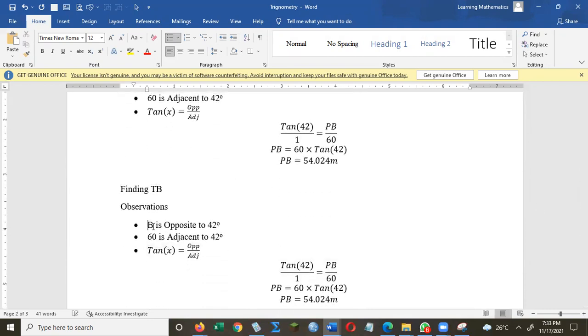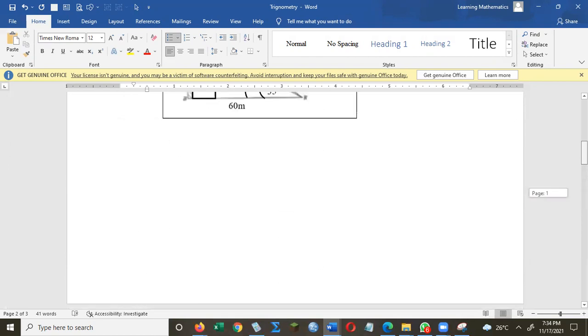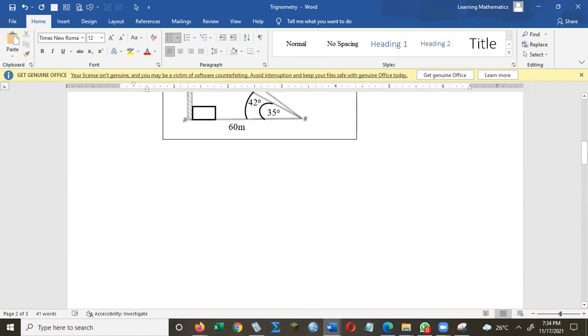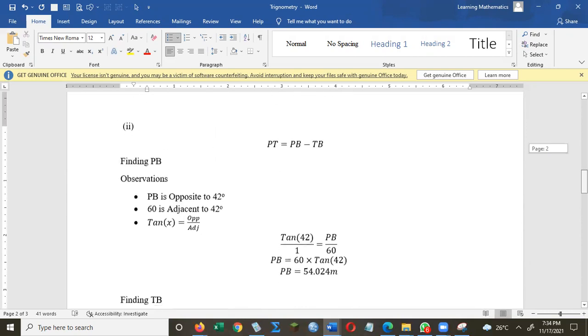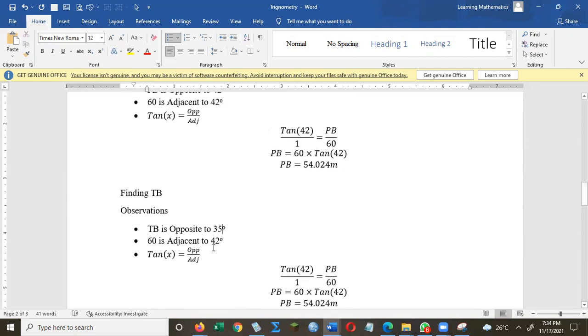TB is opposite to 45 degrees. And the same 60 meters is adjacent to 45. So opposite, adjacent, then we have to use tan again.